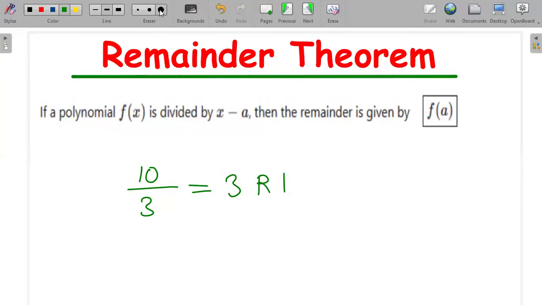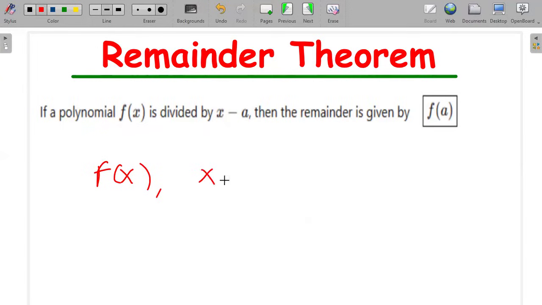By definition, we're going to say, given a function, let's say f of x, is divided by a factor, let's say x minus a, then the remainder is going to be given by f of a.